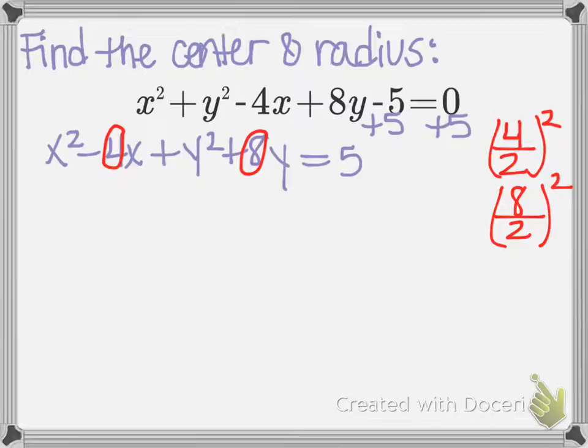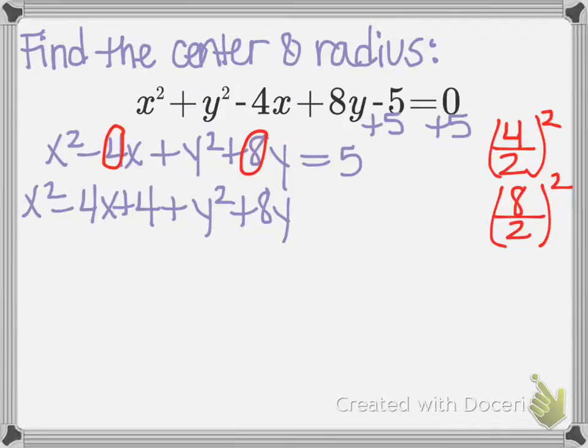So let me show you what this will look like. x squared plus 4x, then I'm going to put the number I came up with for x, which is 4. Now I keep going, y squared plus 8y, and now the number I came up with for y, 8 divided by 2 squared, gives me 16. So I just added a new plus 4 and a new plus 16, which means I have to also do that on the right-hand side.